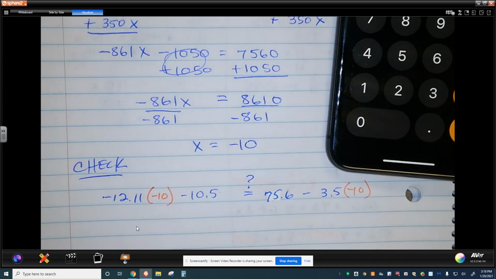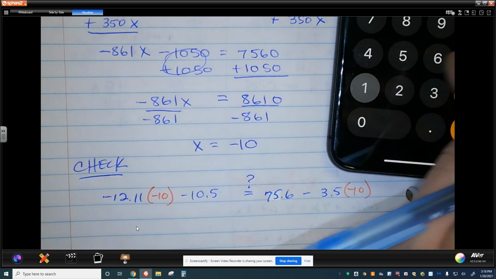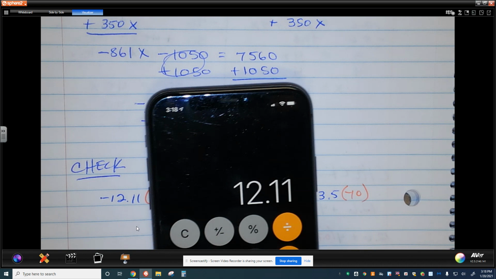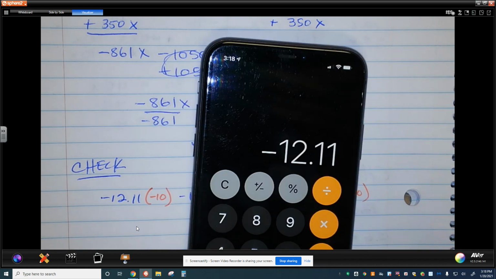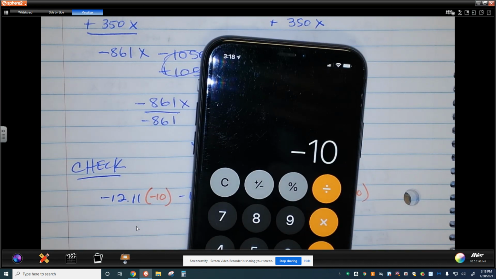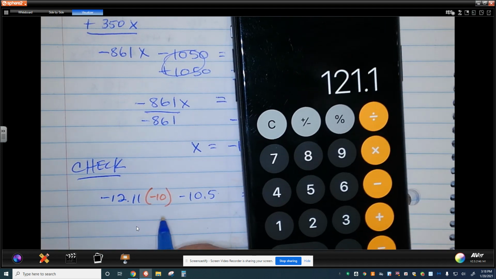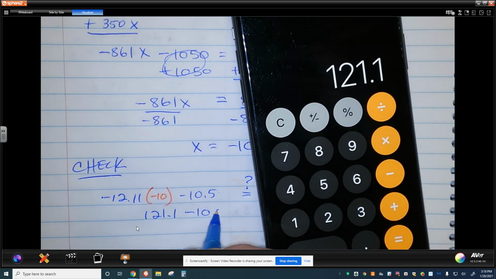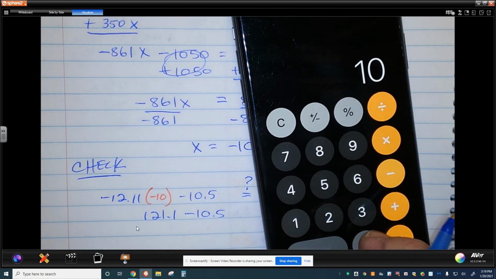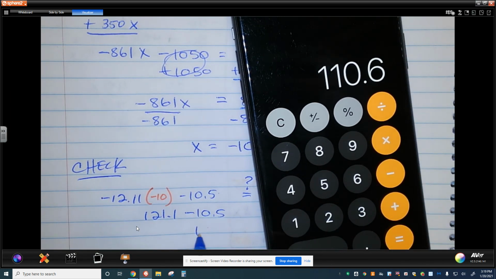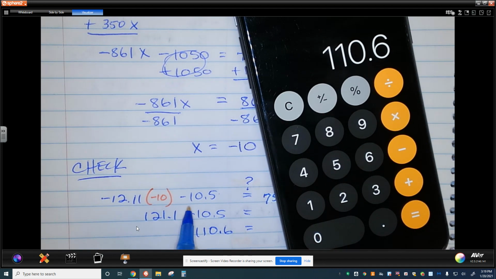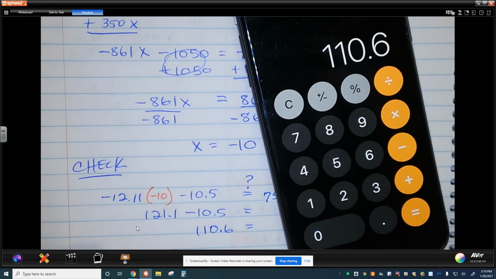Here we go, each side. A negative 12 and 11 hundredths times a negative 10 is equal to 121 and 1/10. And then I'll subtract the 10 and 5/10 from that, giving me 110 and 6/10 for my expression on the left. So that's my simplified expression when x is negative 10.